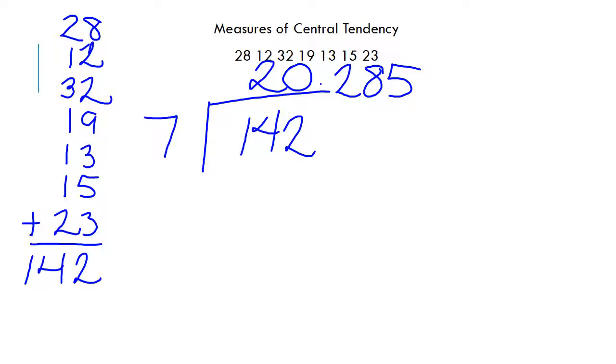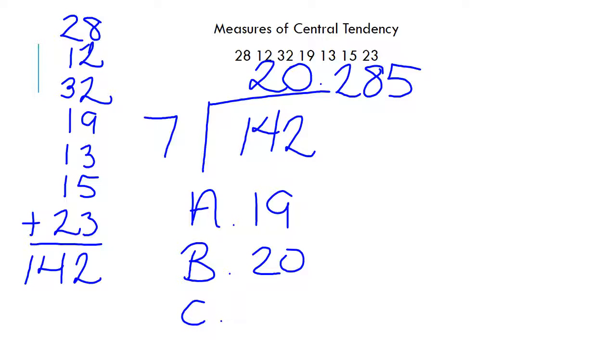So let's say we had a multiple choice for this question and we had A as 19, B as 20, C as 21, and D as 22.